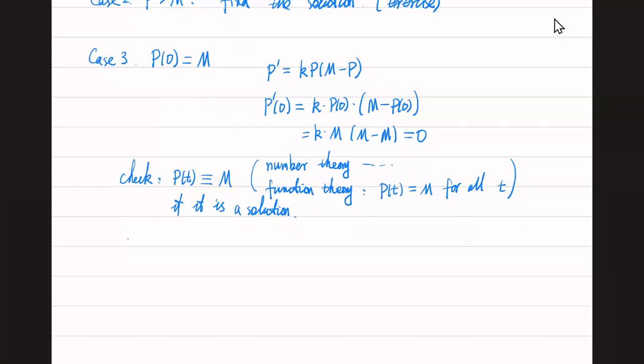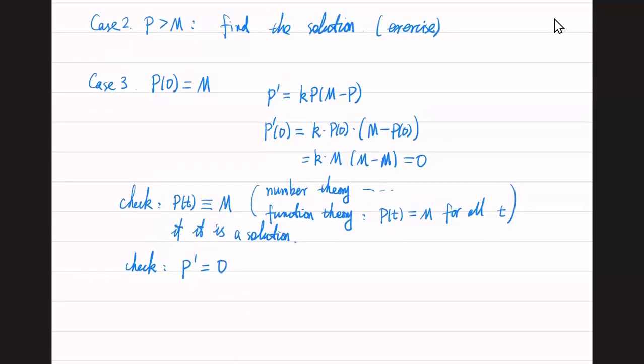The derivative is 0 because it's constant. Now we plug this into the right side of the equation. It's identity, m minus m, also 0.